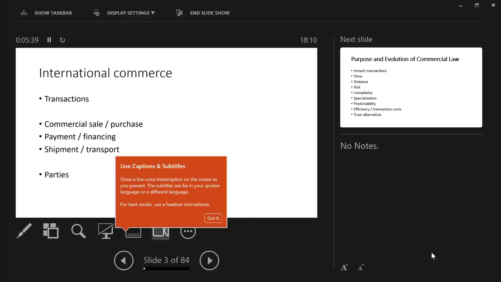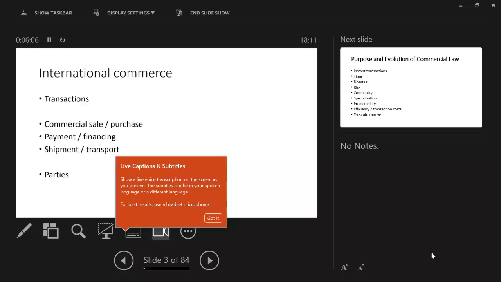It's very frequently the case that the purchaser of something may want it delivered somewhere else as part of a process. And so the delivery and the means of transport that goes with the purchase and sale, this is once again a separate transaction.